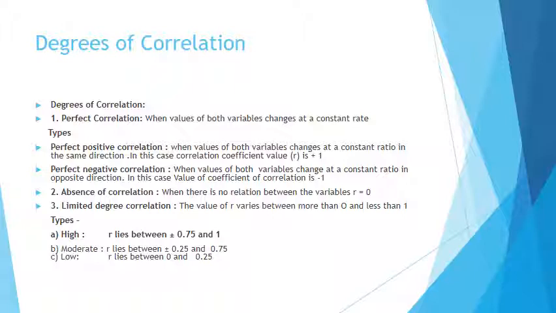That is, the degree of correlation between 0 and 1 may be rated as high when the value of correlation lies between 0.75 and 1. It is moderate when the value of correlation lies between 0.25 and 0.75, and it is low when value of correlation lies between 0 and 0.25. This is explained through a table.